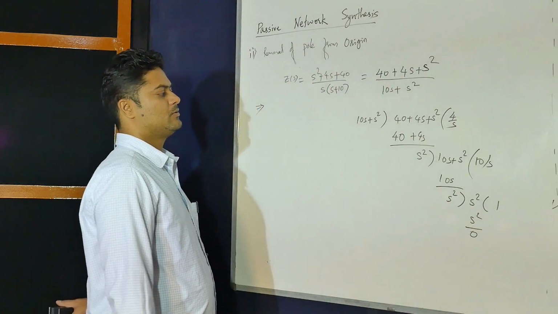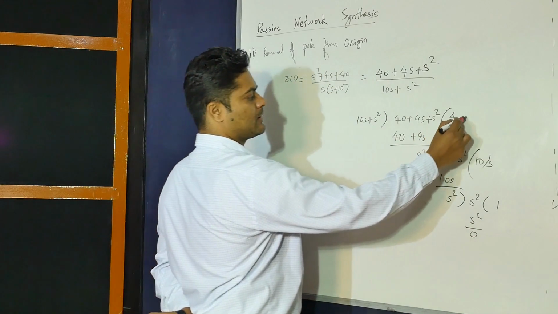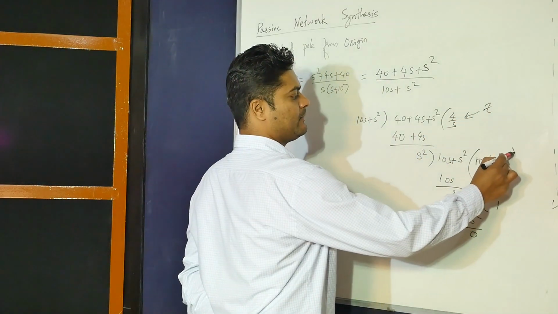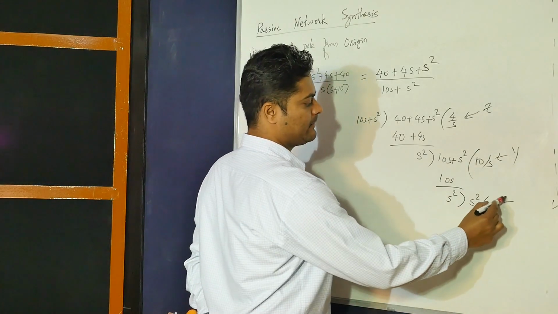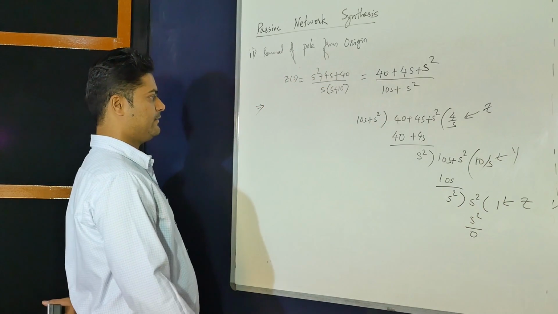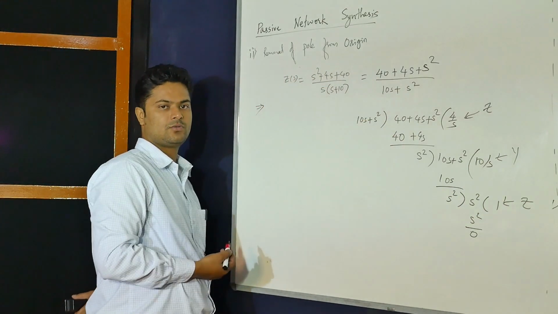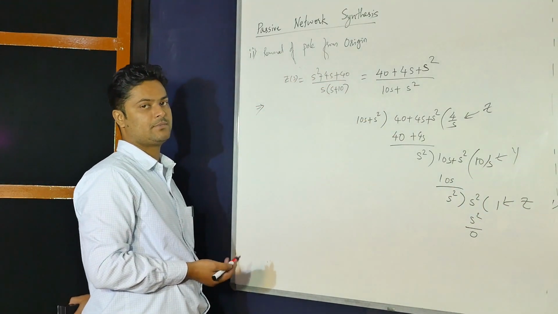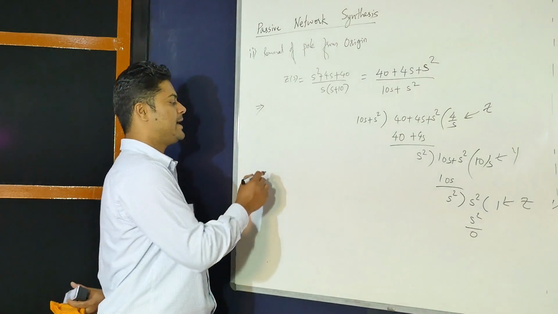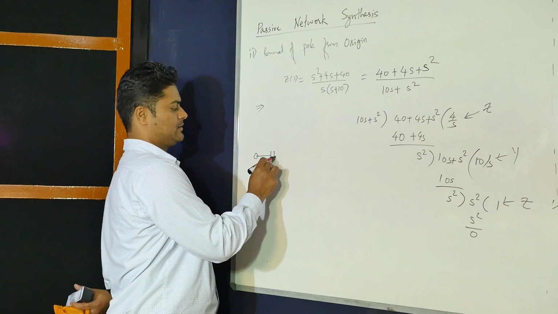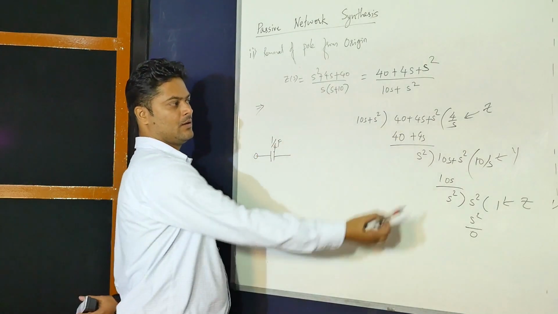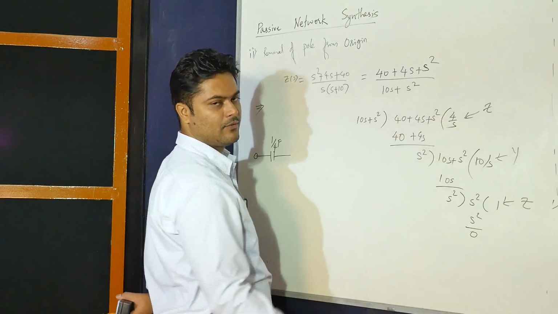Fine. So the first term means for Z, the second term meant for Y, the third term meant for Z. So we end up with, first is Z, so 4 by S. 4 by S means remember a capacitor, that is 1 by CS. C will be 1 by 4 farad.